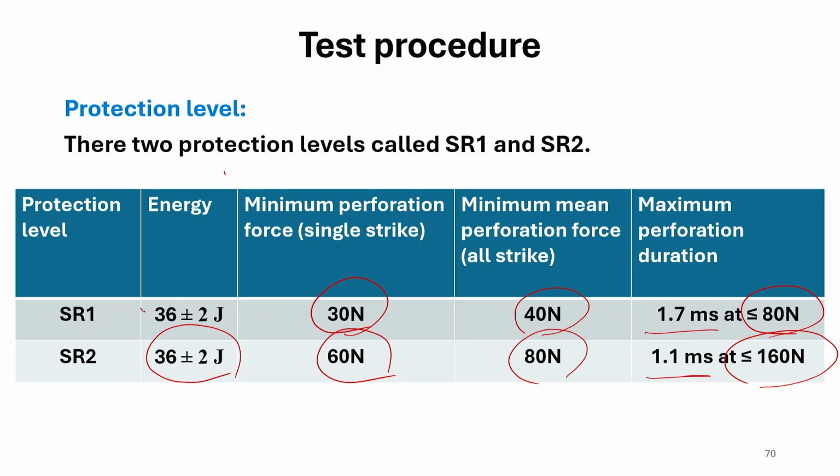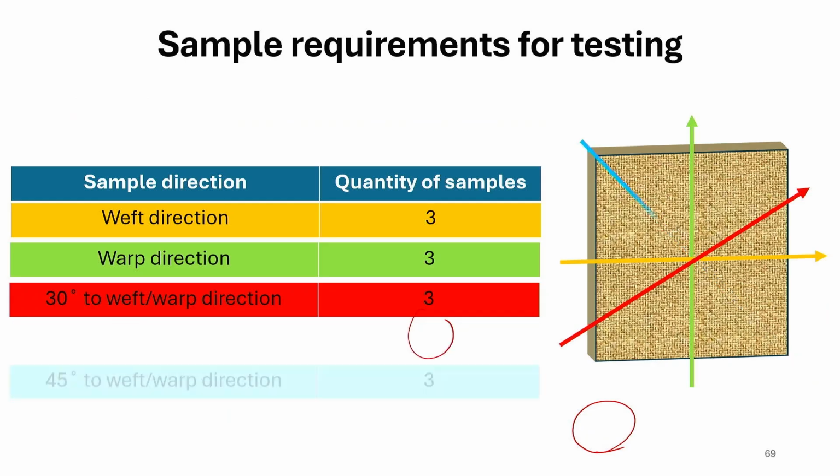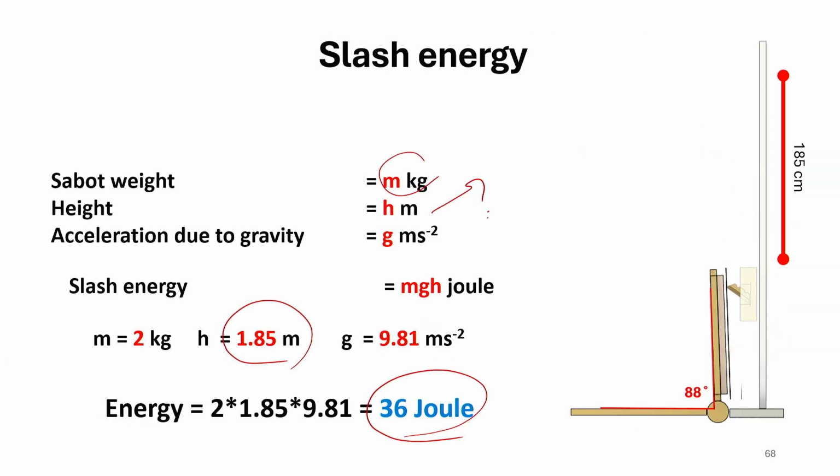Now, here we see the 36 joule is the requirement. In our case, 36 joule is the energy requirement, and our load was 2 kg. From there, through back calculation, we have reached 1.85 meter.